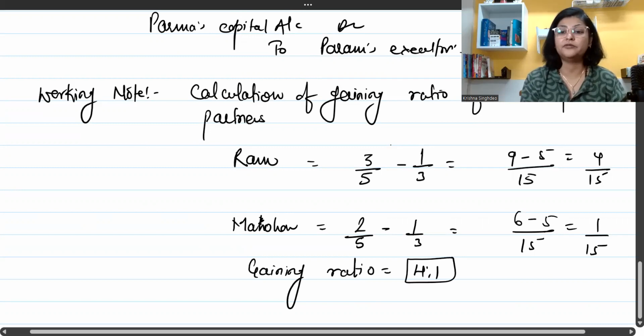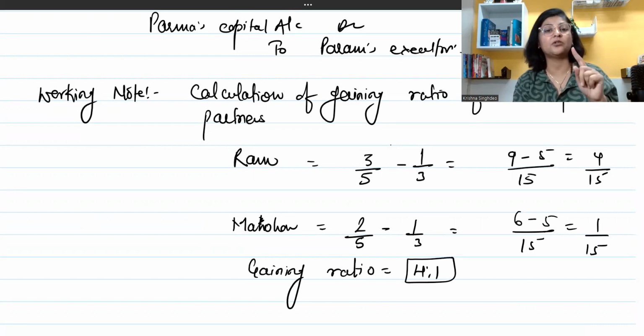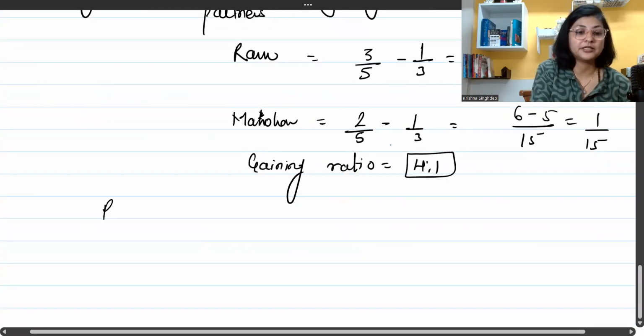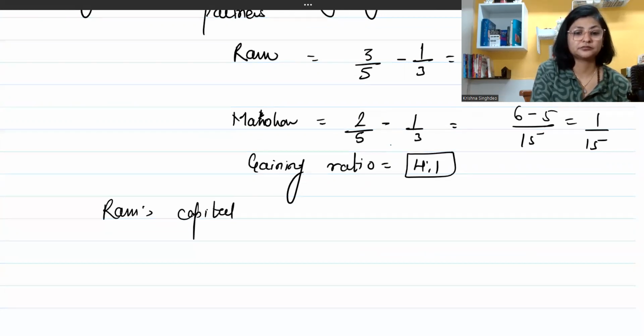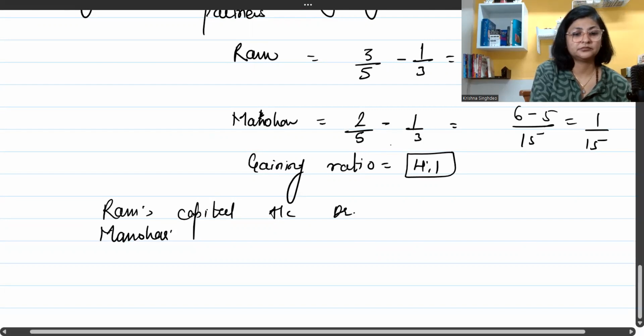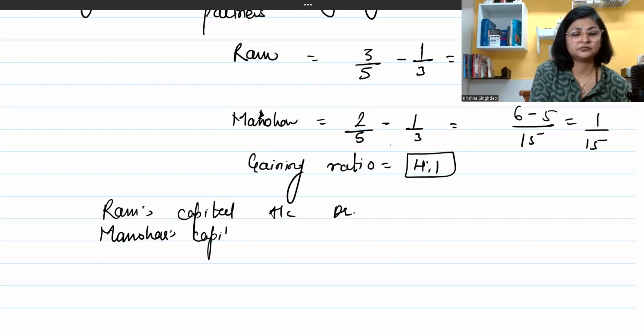Now, what do we have to do? We have to pass journal entry without opening the suspense account. So we will pass journal entry like this. We will write Ram's capital account debit. Because Ram is gaining, he has to give share, and Manohar's capital account will also be debited. To Param.